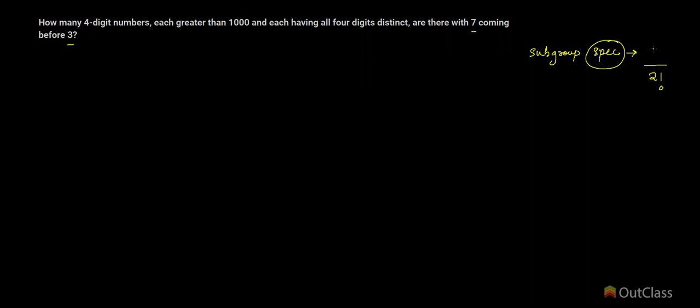So if you have 4 distinct items, it can be permuted in 4 factorial ways, but out of those 4, there are 2 specific items that I'm interested in putting in such a way that one should be before the other. Then I'll have a 2 factorial.